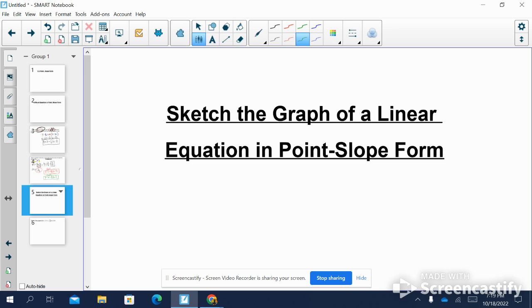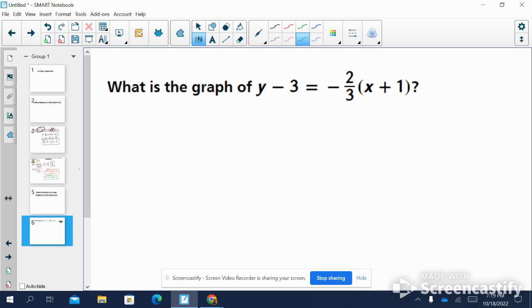Next, I want to look at how to sketch a graph of a linear equation in point slope form. So, in order to sketch a graph of a linear equation in point slope form, well, they want to figure out what is the graph of y minus 3 equals negative 2 over 3 parentheses x plus 1. So first, let's identify the point. Remember, our formula is y minus y1 equals m parentheses x minus x1.